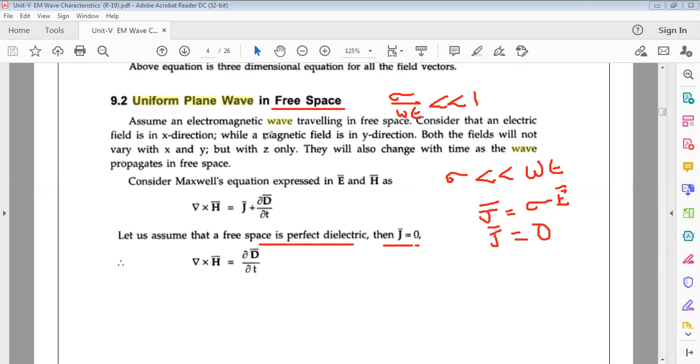So before that, you have to know, in an electromagnetic wave traveling in free space, consider that electric field E bar is in the x direction, means it is Ex bar, and magnetic field is in the y direction, so Hy bar.